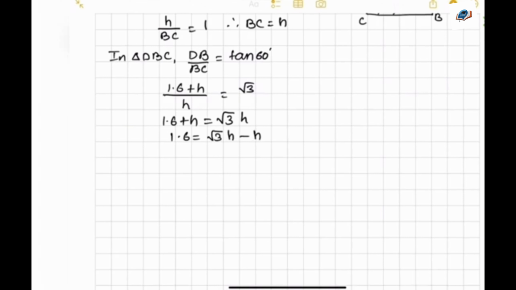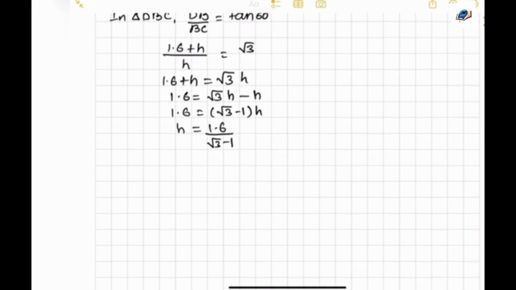So 1.6 equal to root 3 h minus h. 1.6 equal to root 3 minus 1 into h. So h equal to 1.6 upon root 3 minus 1.